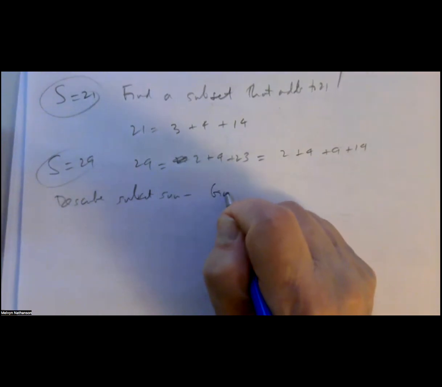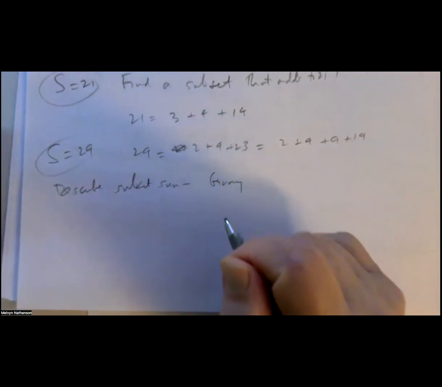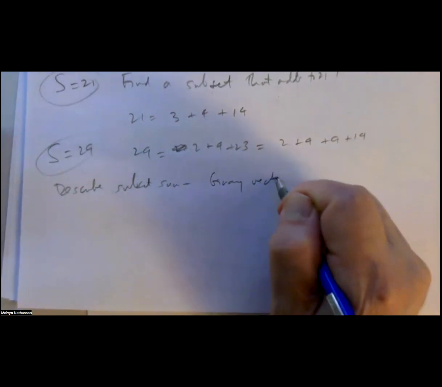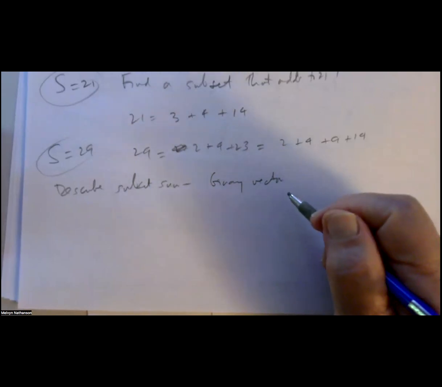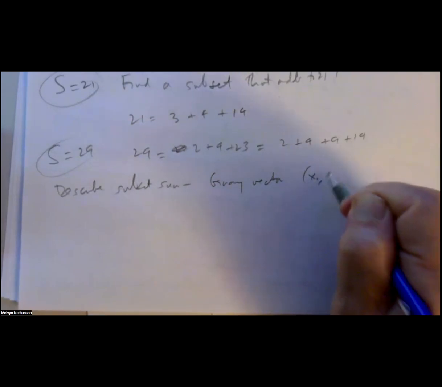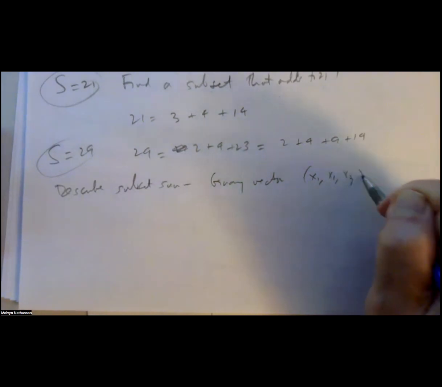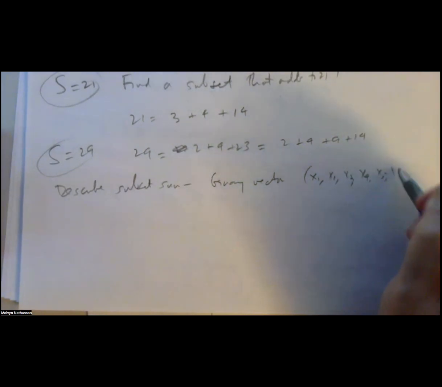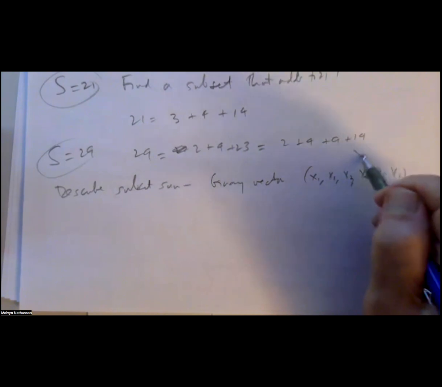I could take any binary vector x1, x2, x3, x4, x5, x6. So these x sub i's are all 0 or 1.